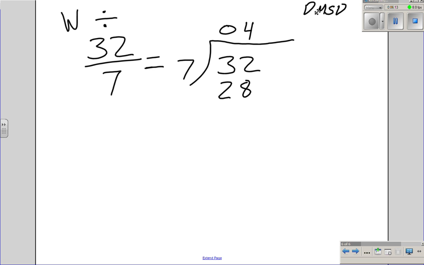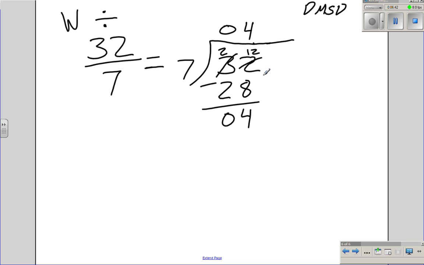So that was my multiply step. I'm going to subtract. 2 take away 8, can't do it. This becomes a 2. This becomes a 12. So 12 take away 8 is 4. 2 take away 2, 0. So I have a remainder of 4.